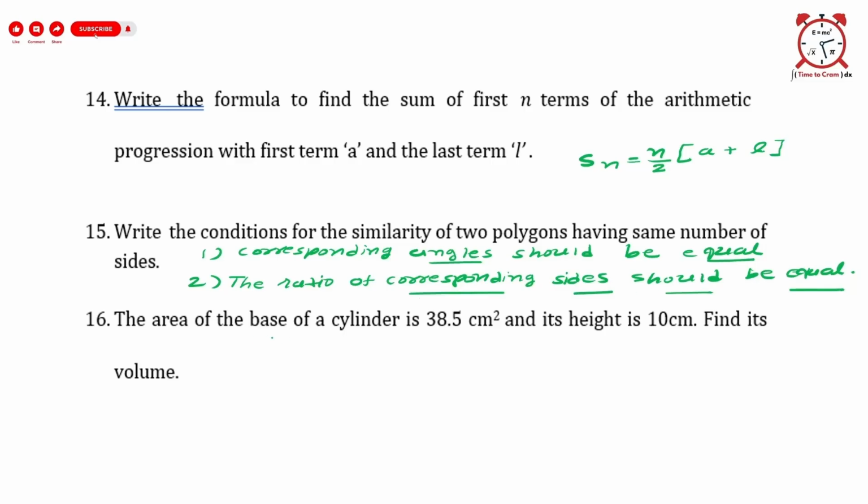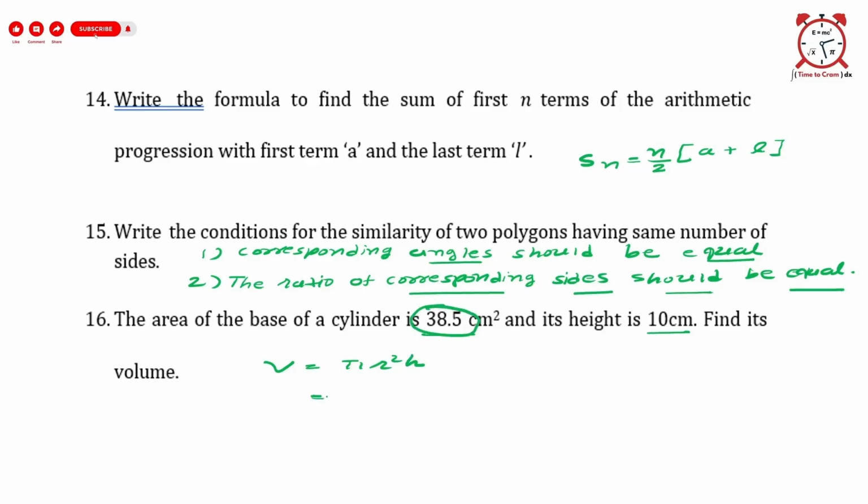Now the last question of today's video: the area of the base of a cylinder is 38.5 centimeter square and its height is 10 centimeter. Find its volume. So the volume formula is what? Pi r square h. Here this is the value of pi r square, the base area.